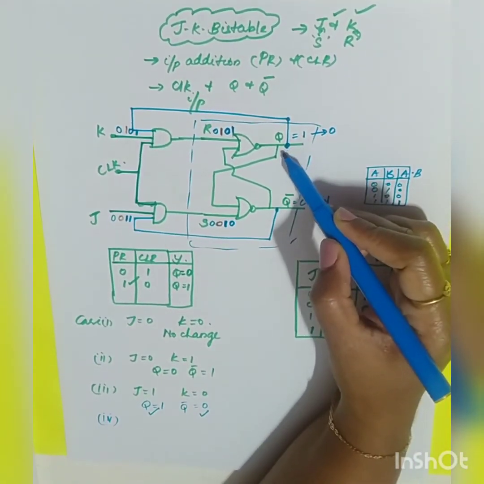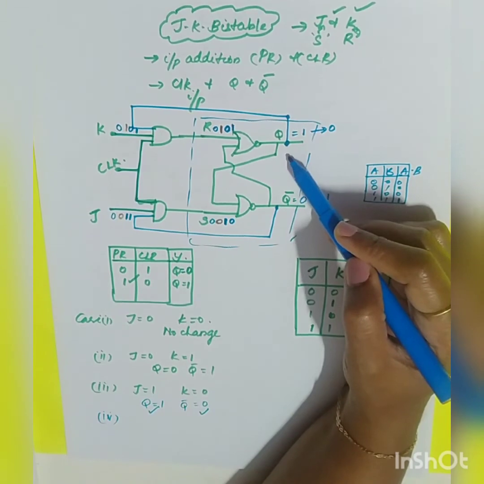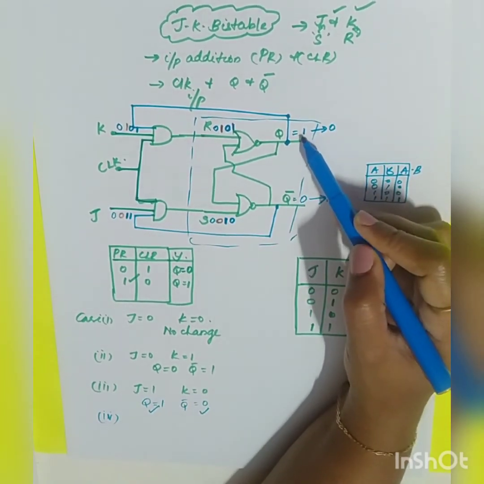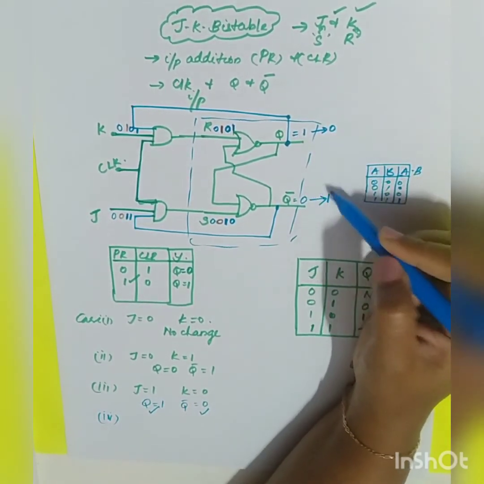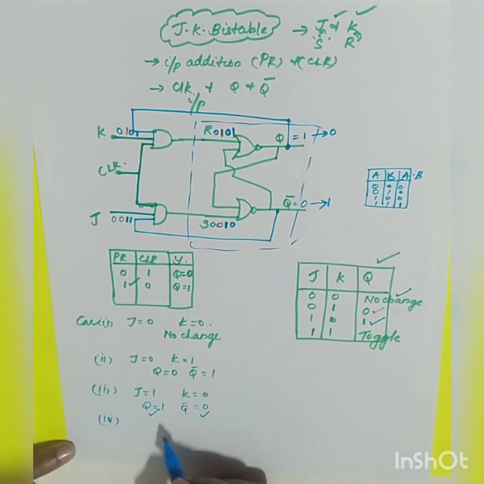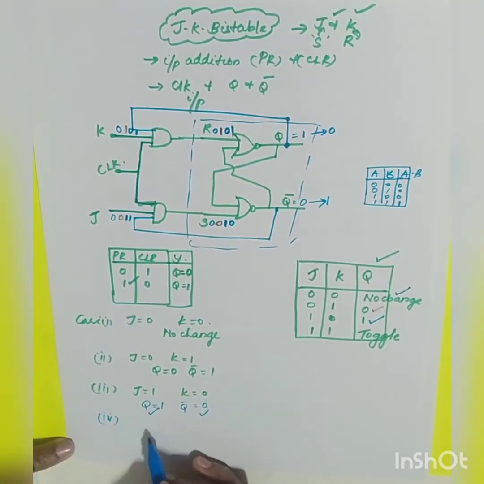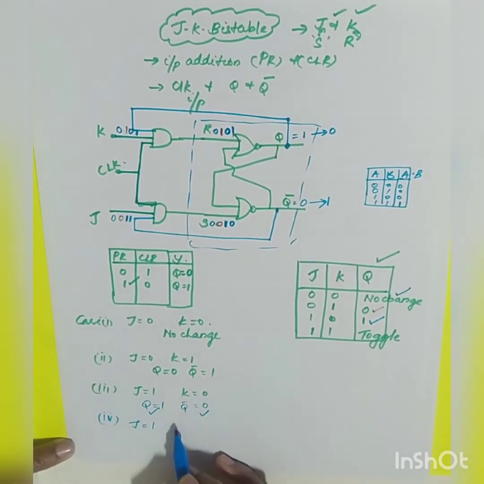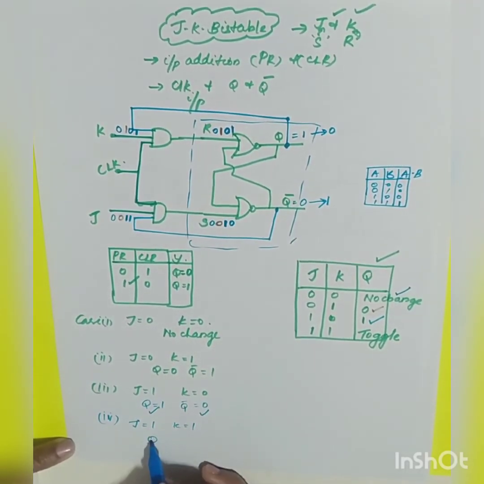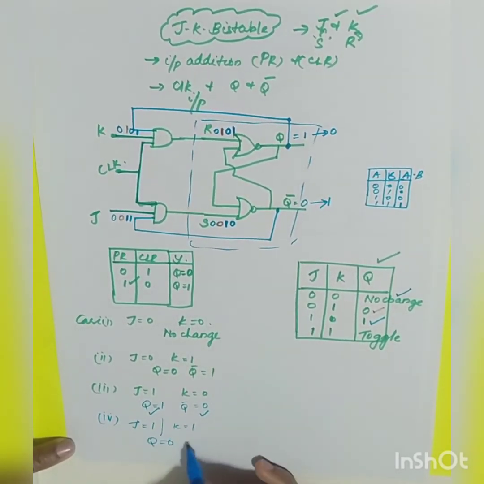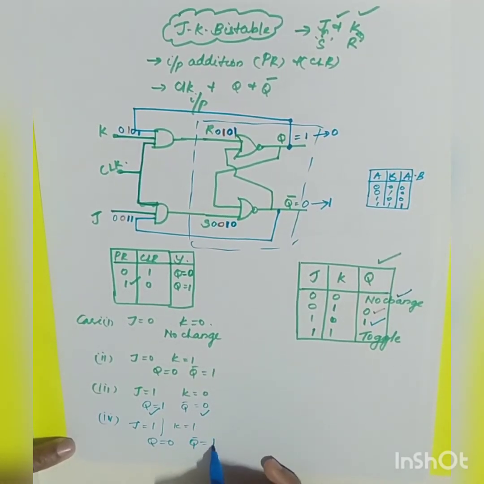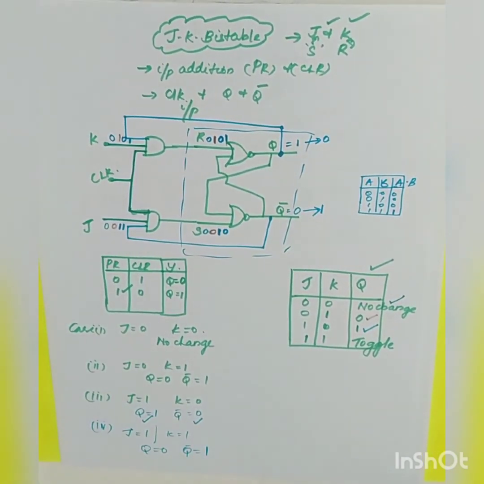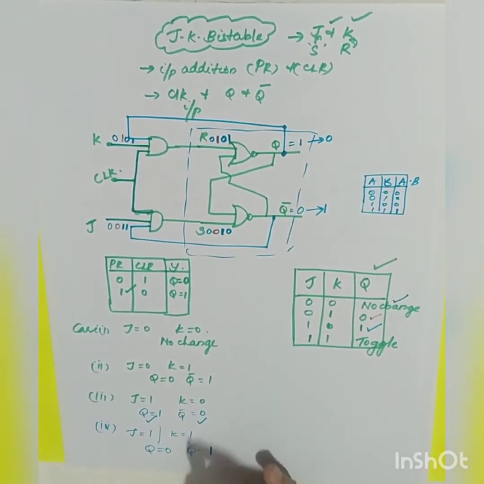Now it has changed from the previous state to the next state, that is q has become 0 and q bar has become 1. So it is called toggling. When j is equal to 1 and k is equal to 1, q has changed from 1 to 0, q bar has changed from 0 to 1. Now the value of q is equal to 0, q bar is equal to 1.